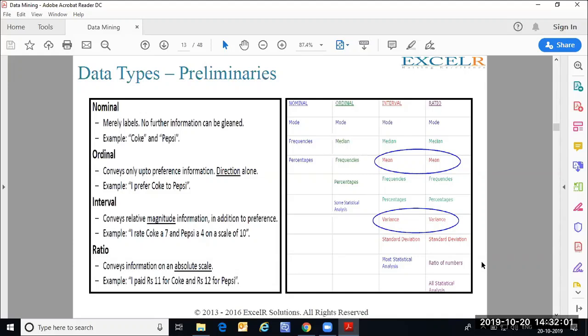But again, these interval scales are pretty much local to the sample that you are analyzing. Sample means, if I'm just conducting a survey within this classroom, like out of a 10 rating scale, how much each one of you likes the respective soft drinks.